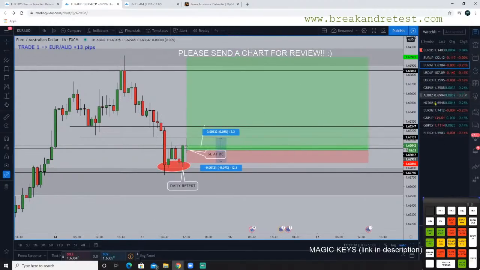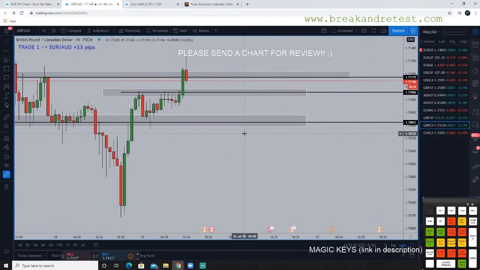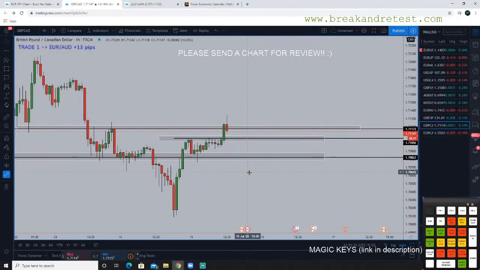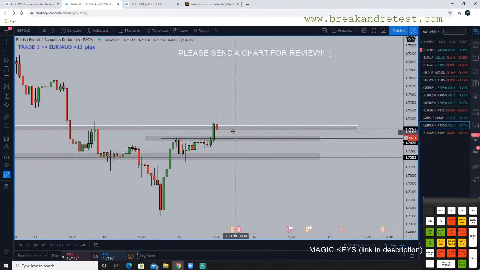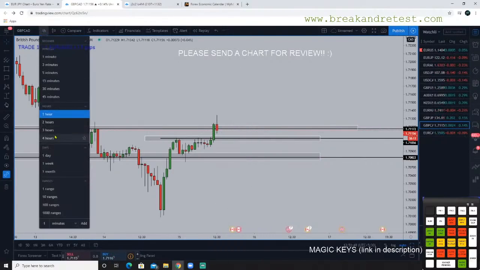GCAD coming for a retest. Okay, see what I said about GCAD? If you heard me before that, if price breaks above, there's a small chance that price might come for a retest to this zone too. See, that's what it's doing right now.